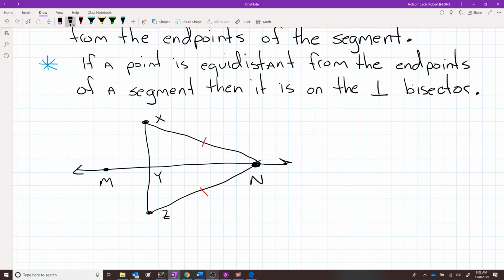Well, this converse said that if a point is equidistant from the endpoints of a segment, then it is on the perpendicular bisector. So now if you're given this picture, what you have to understand is that this angle, XYM, is 90 degrees. And X to Y is congruent to Y to Z. That's the converse of the theorem.